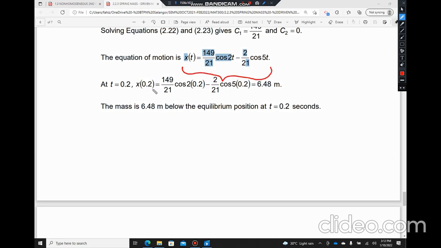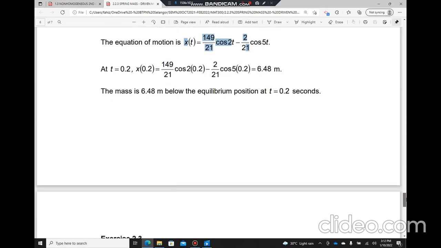So you get the displacement is 6.48. So we can conclude that the mass is 6.48 meters below the equilibrium position at t equals 0.2 seconds. This is for when a time value is given.